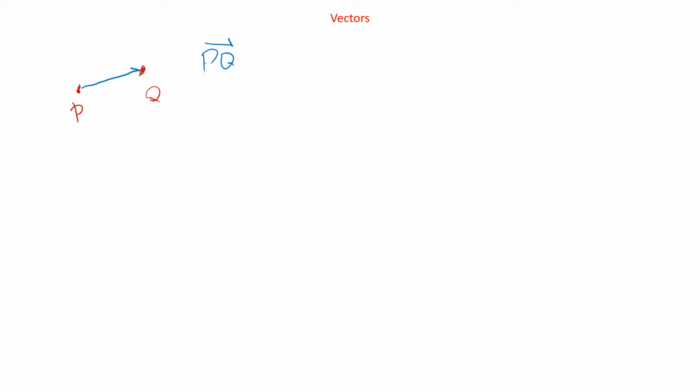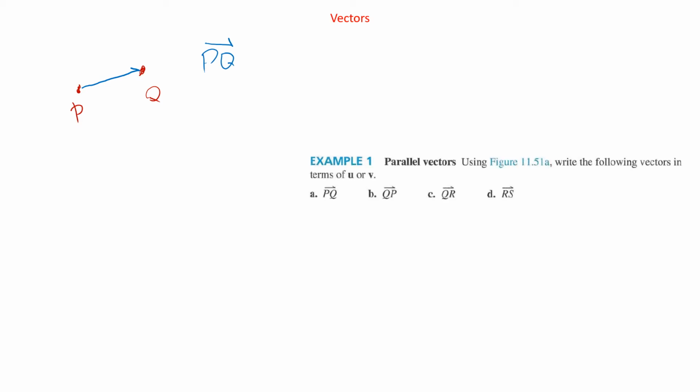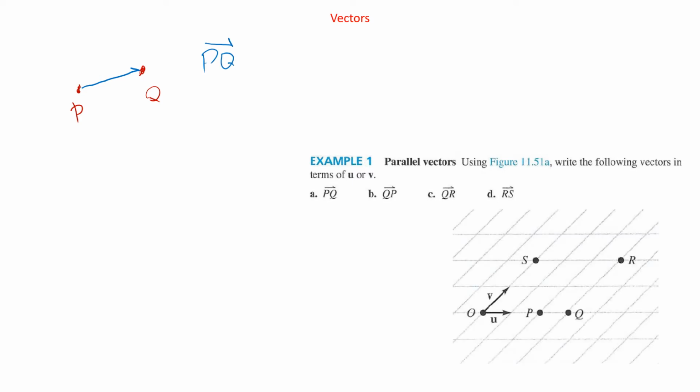We can multiply by scalars. So if you have, say, 2PQ, it would be the same thing, but it would be twice as long. Negative would be backwards. And so what we can do is write these in terms of U and V. PQ, that would be just this distance right here.